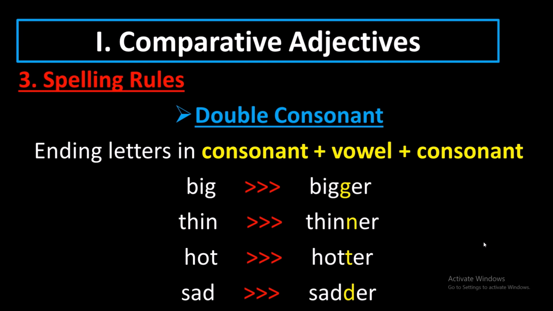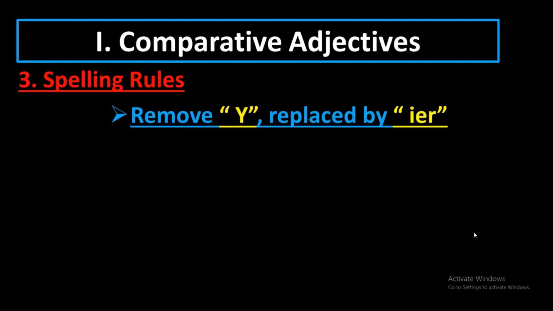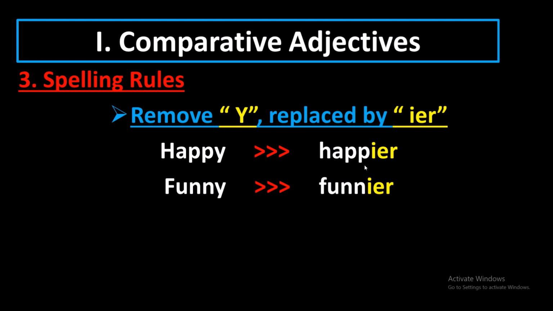So we have to remember the rule. Be careful. Another rule is we remove Y and replace it with I, then add er. Example here, happy. The ending letter is Y. So you have to remove the Y and replace it with I, then add er. Happy, happier. Funny, remove Y, funnier.